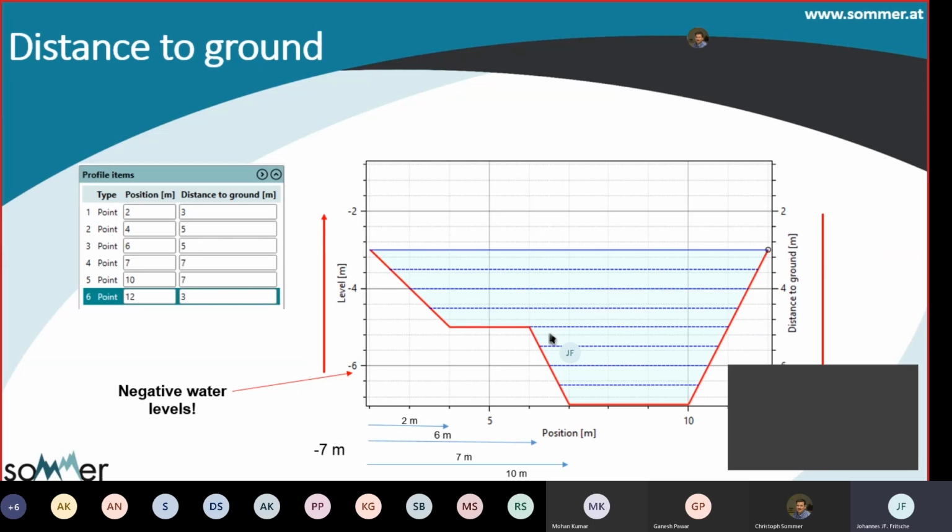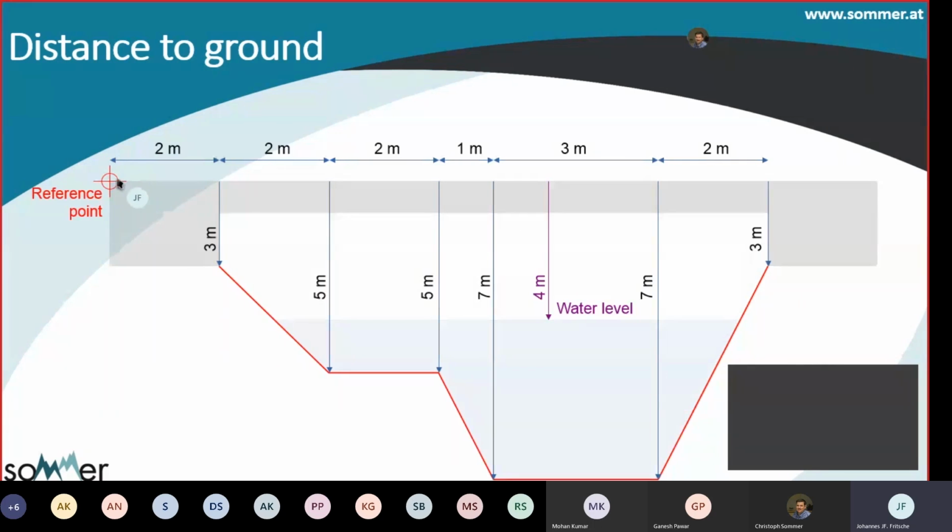When we look at this profile in the Q Commander software, we can just take the measurements we have taken here. So in the x direction, 2 meters, 4 meters, 6 meters, and so on. And the vertical directions are 3 meters, 5 meters, again 5 meters, and so on.